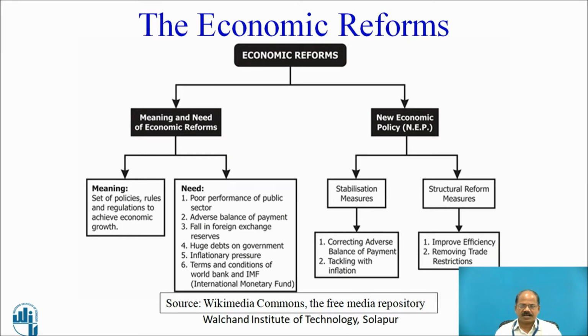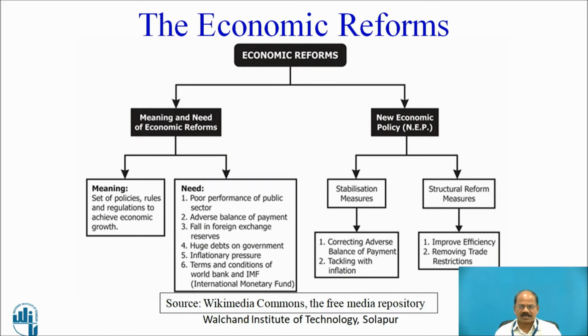So from 1991, the new economic policy started coming into implementation. Primarily two motives were there. First, of course, was stabilization, and second was structural reform measures which were supposed to be taken in order to change the scenario of the economic conditions.